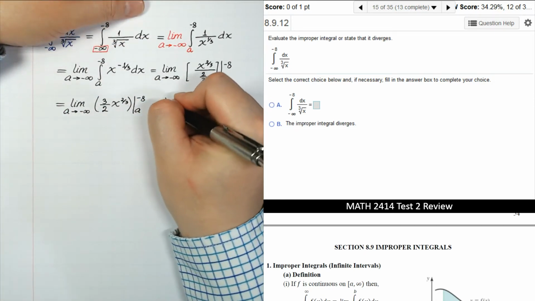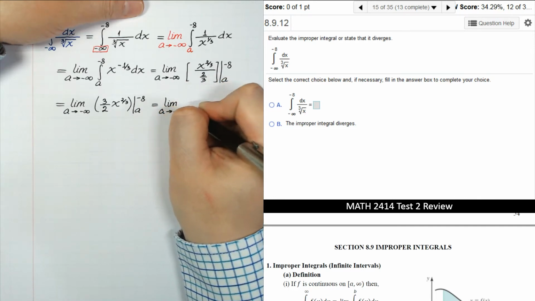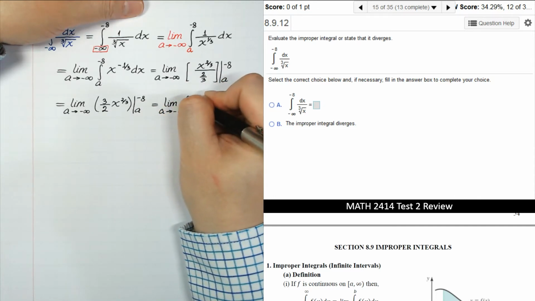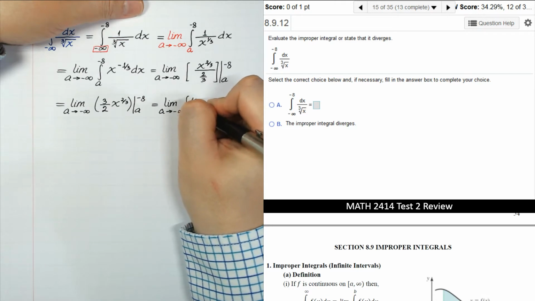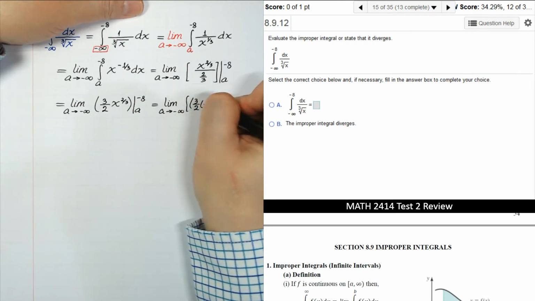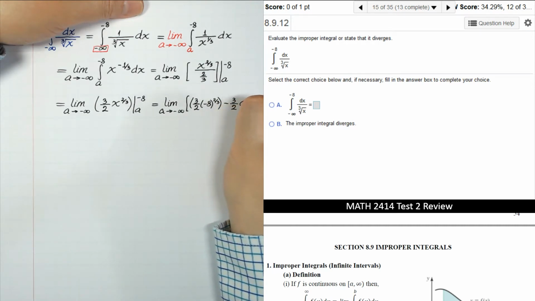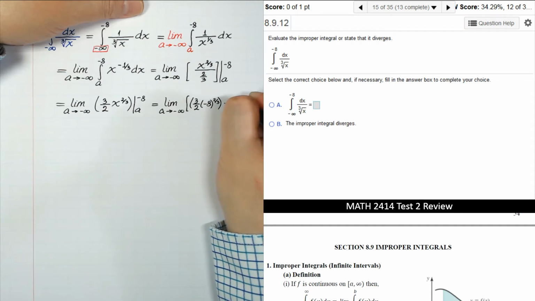Right, and now let's put the limit in. 3/2 times negative 8 to the 2/3, subtract 3/2 times a to the 2/3.